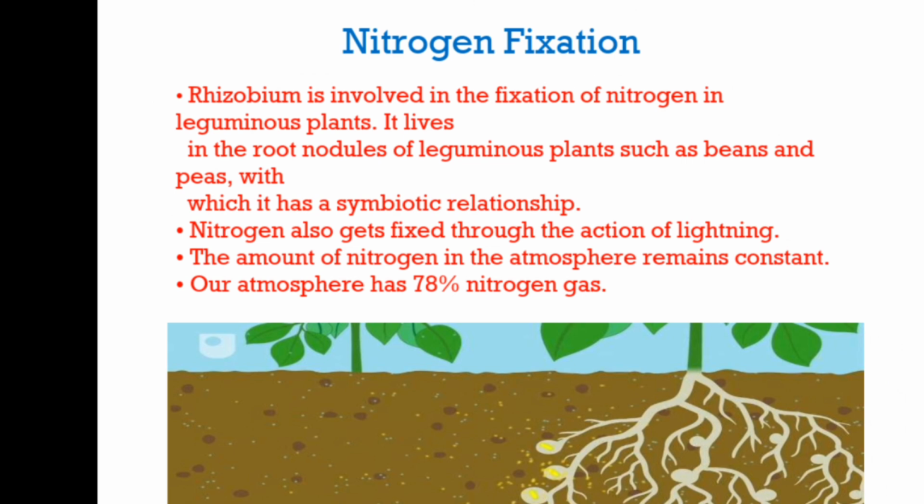And this rhizobium bacteria lives in the roots of leguminous plants in a symbiotic relationship. So what is the meaning of symbiotic relationship? That is mutual relationship. Root nodules are the place where this bacteria lives.